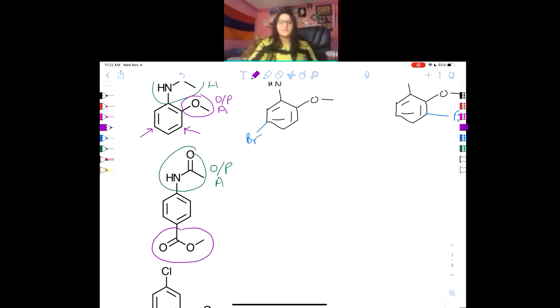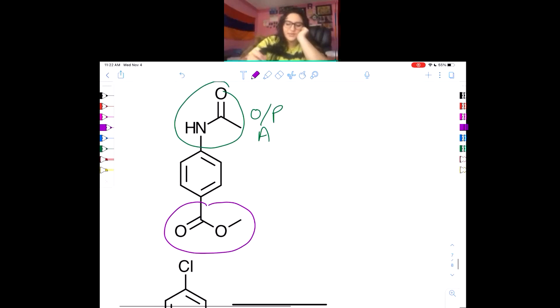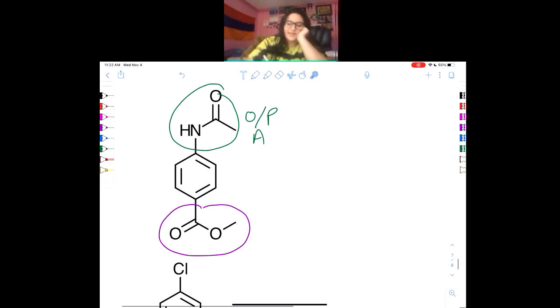So esters always trip people up. So remember, for the ester, it depends on which side it's attached to. So for this one, it's an activator because it's attached to the heteroatom, but this side is attached to the carbonyl side. So when it's attached to the carbonyl, it's a deactivator. When it's attached to the heteroatom, it is an activator.